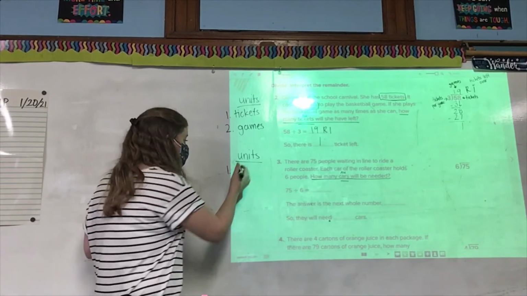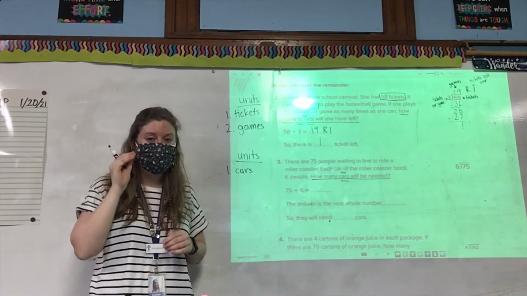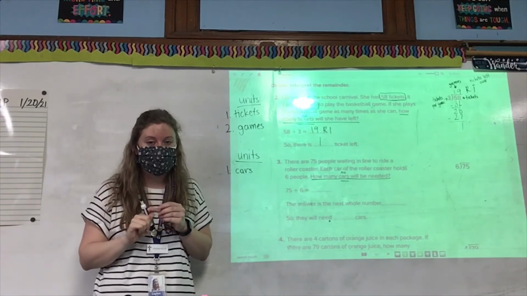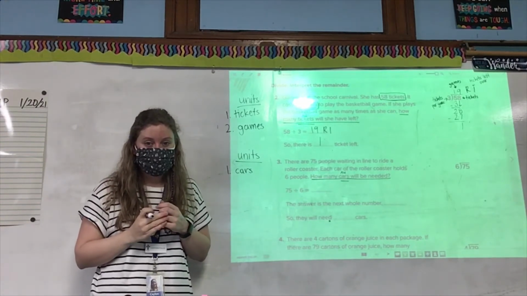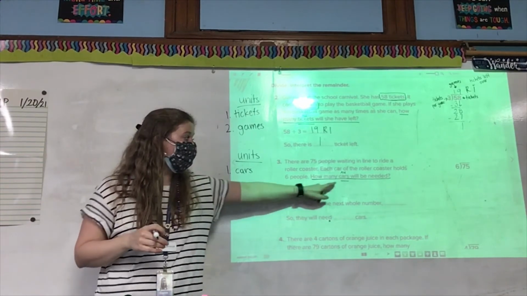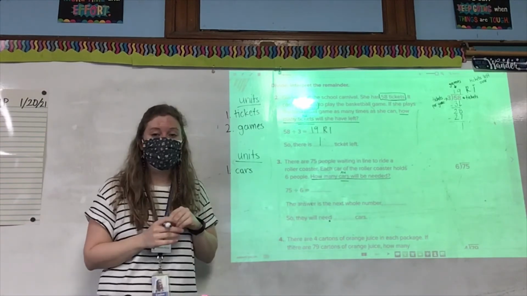What do I know is 100% one of my units? Cars. Carla, please make sure you're listening right now. Smith, why do you know that cars is definitely one of my units, but you don't know that people is yet? Because we already know our answer unit, so cars has to be one of our units.